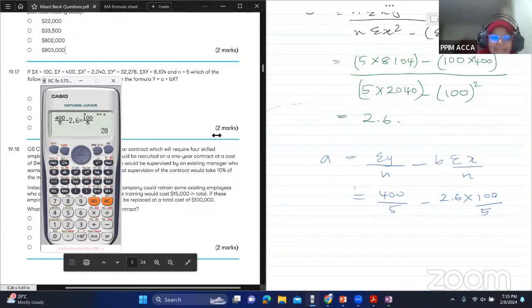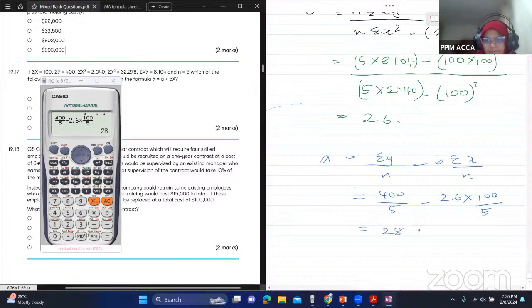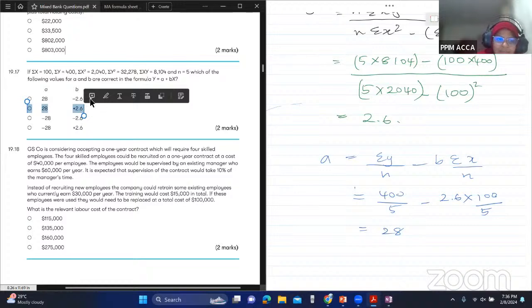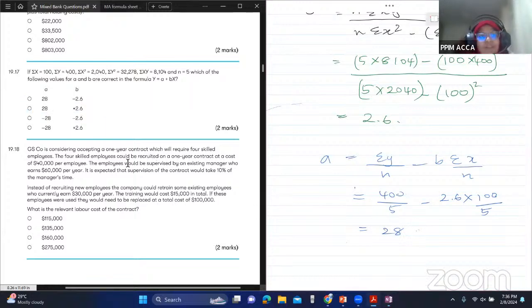So A is 28. The answer will be positive 28 for A and positive 2.6 for B. That's basically how you do linear regression to get the answers for A and B.